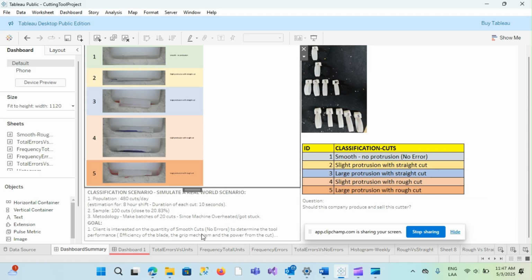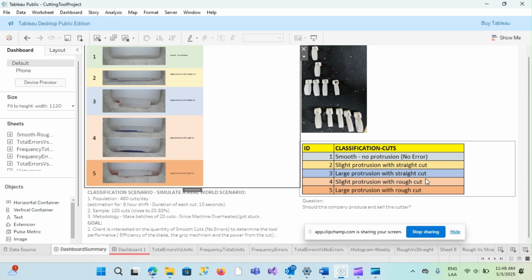There was also another thing that the client was interested in knowing about, and that was to determine slight protrusions versus large protrusions and straight cuts versus rough cuts.